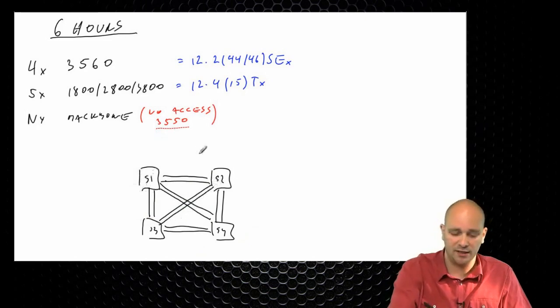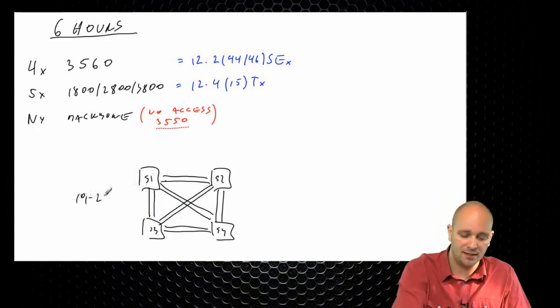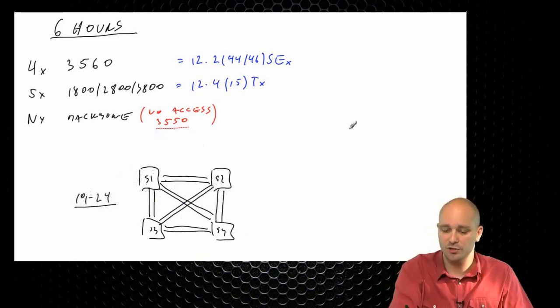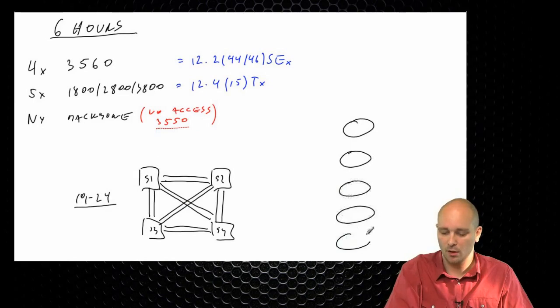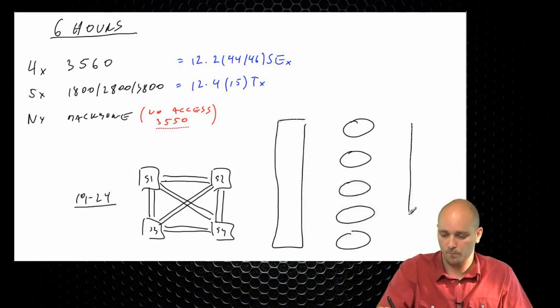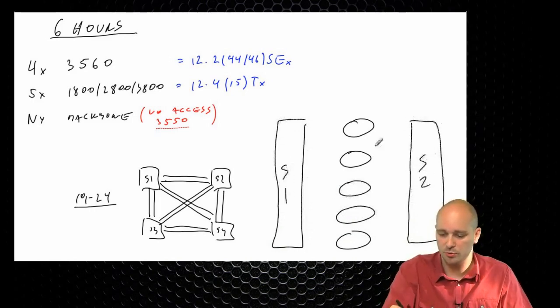So these interconnecting ports are going to be 19 to 24 on those 3560s, and the routers will connect to switches like this. So this is switch 1, this is switch 2. Let's say that this is router 1, 2, 3, 4, and 5.